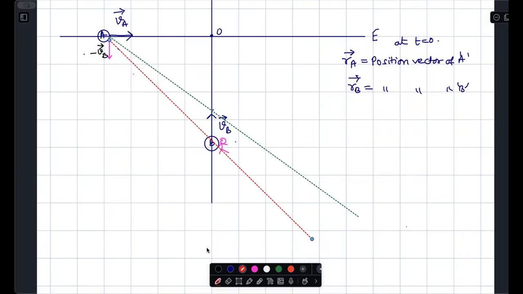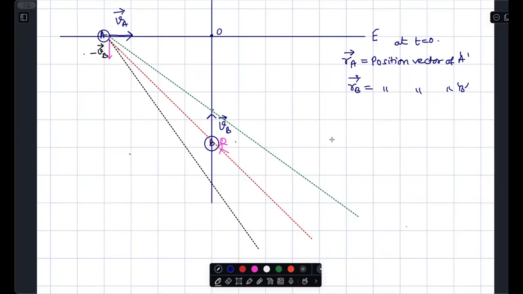Another possibility is also there. It may move like this also. Three different directions. Remember, all three represent the three different directions of possible motion of A as observed by B, depending upon the magnitude of VB.